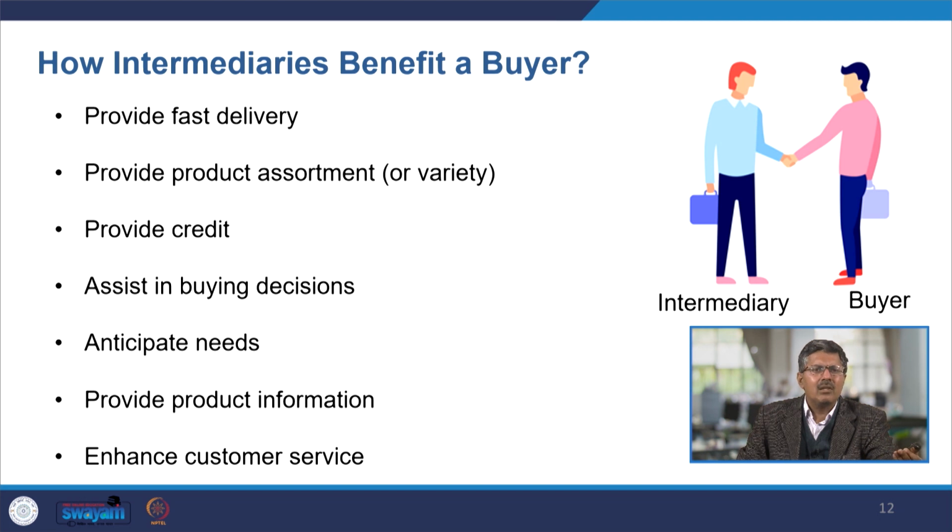Variety of products, or product assortment, is another benefit that the buyer gets from the seller. So, the seller or the intermediary can provide different varieties of products to the buyers, okay. As I said, credit facility can be another issue where the customer can get help from the intermediaries. Assist in the buying decisions.